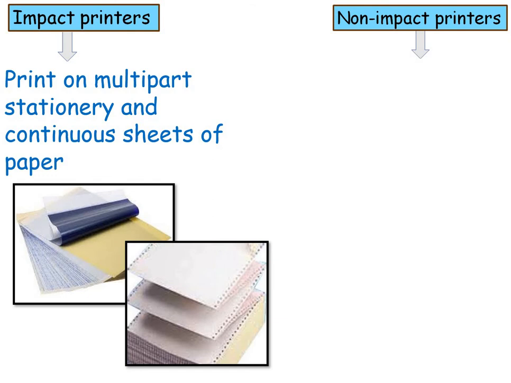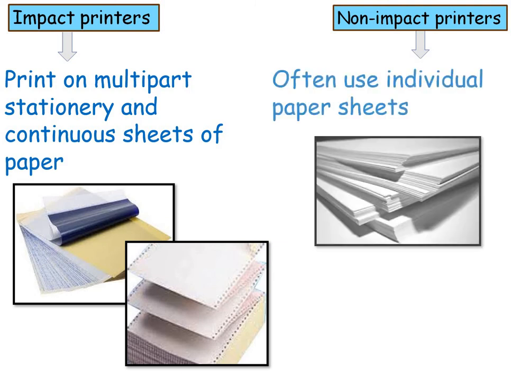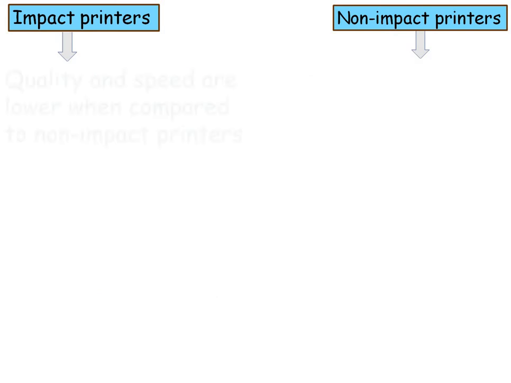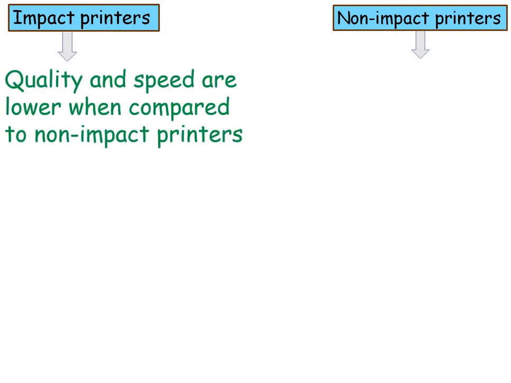Impact printers print on multi-part stationery and continuous sheets of paper, whereas non-impact printers use individual paper sheets. The quality and speed of impact printers are lower when compared to non-impact printers.